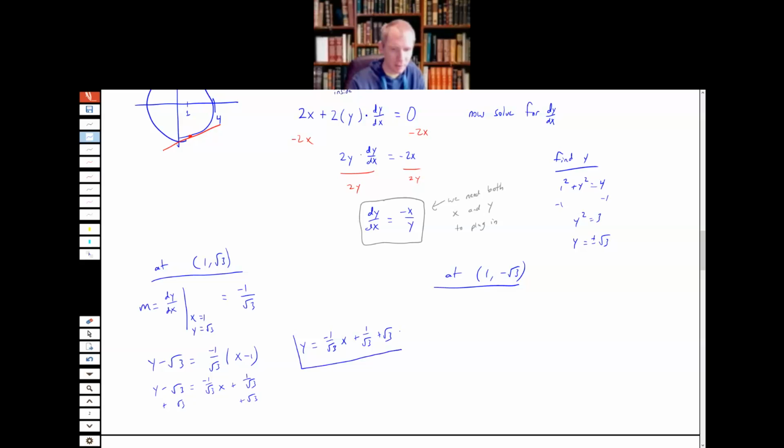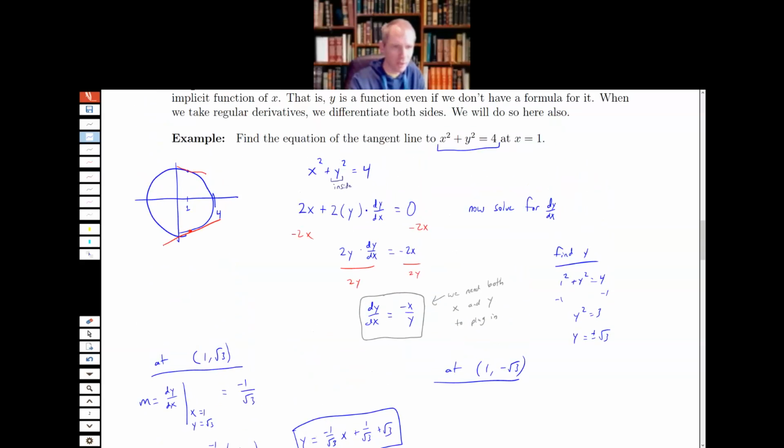And we're not going to clean it up any further than that. Just leave that. Okay. But I notice that I get a negative slope at 1, root 3. And that, again, sort of lines up with our graph at 1, root 3. The tangent line is sloped down a little bit.